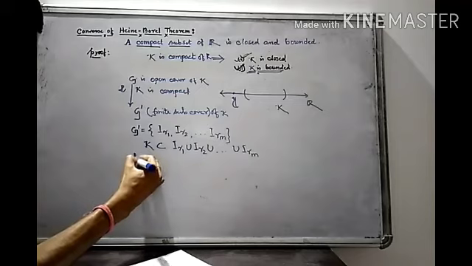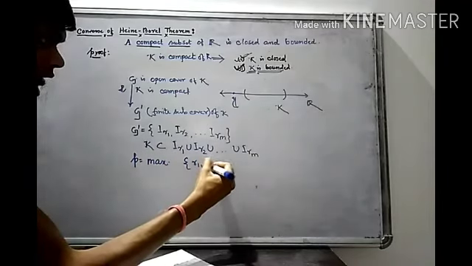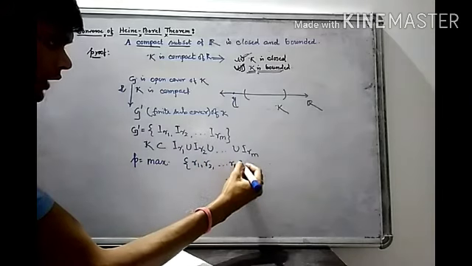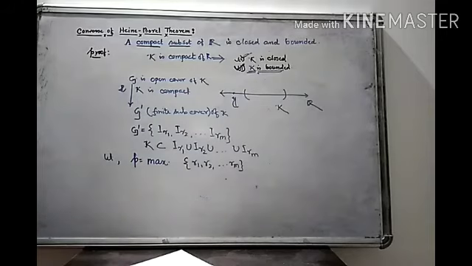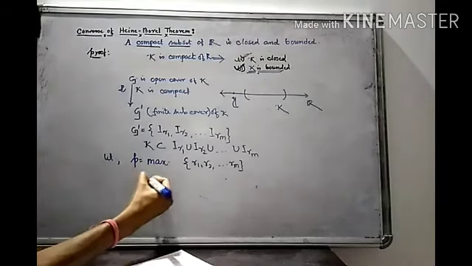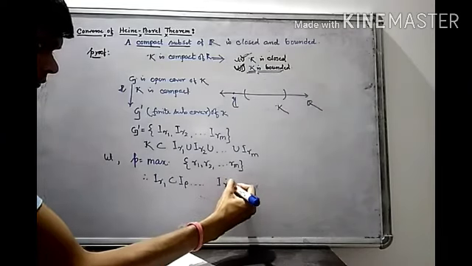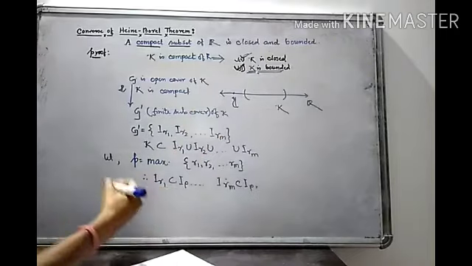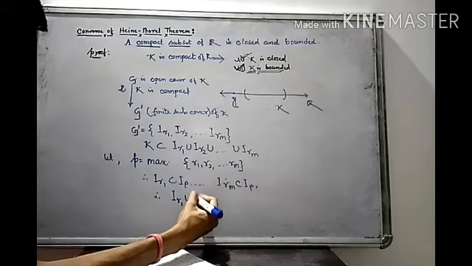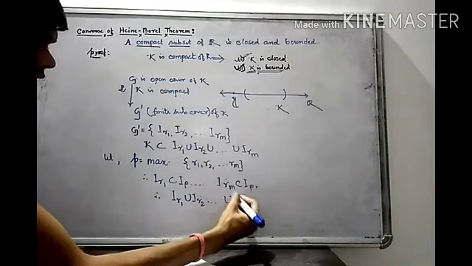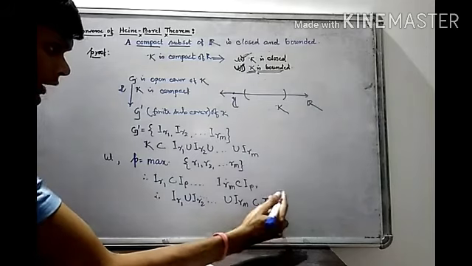Now again, what is P? Take those numbers R1, R2 up to RM and take their maximum. Consider that as your P. Clear? Therefore, I_R1 is a subset of IP, and same for I_RM, this is also a subset of IP. So if they are individually subsets of IP, therefore their union, that is I_R1 union I_R2 union I_RM, is also a subset of IP.